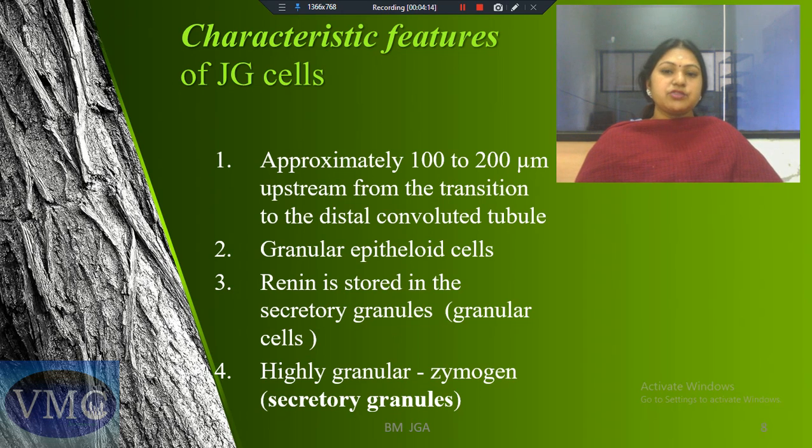Now what are the characteristics of the juxtaglomerular apparatus? Approximately 100 to 200 micrometers upstream from the transition to the distal convoluted tubule, these cells are present. They are modified cells with a granular, epithelioid appearance. Renin is stored in the secretory granules, hence they are also called granular cells. They have secretory granules, zymogen granules.